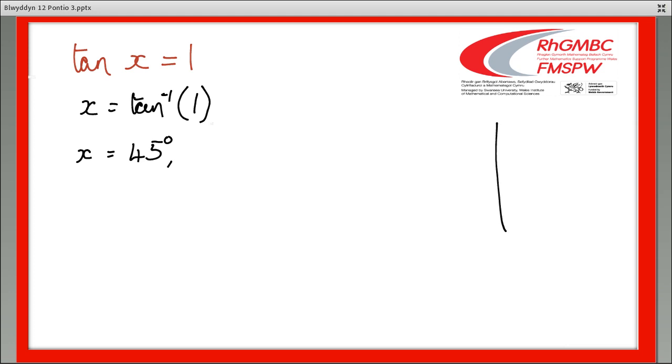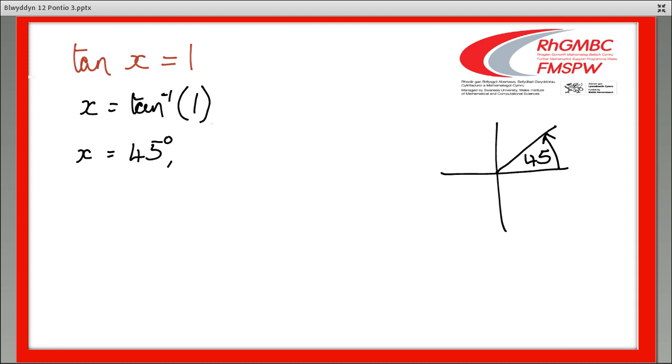Now, we again go back to our all silver teacups. 45 is up there. Now, all angles are positive there, so we want 45 degrees. Second quadrant, only sine. That's no good to me at all.